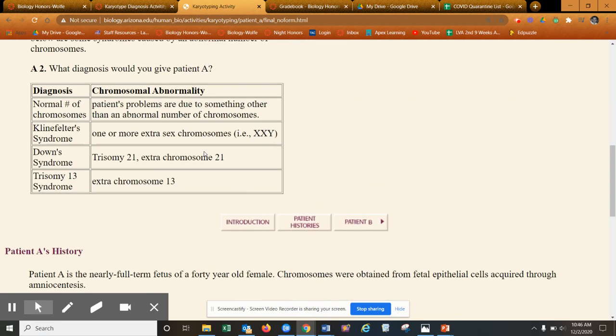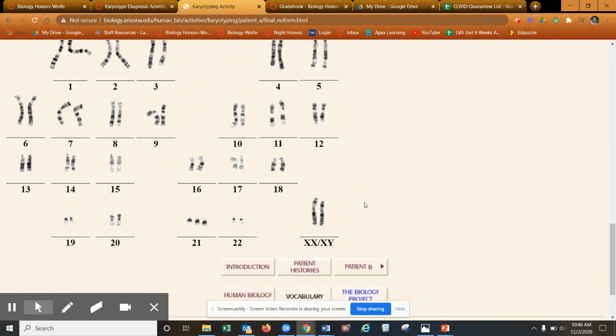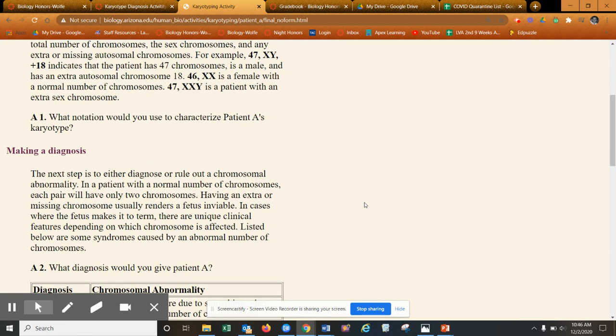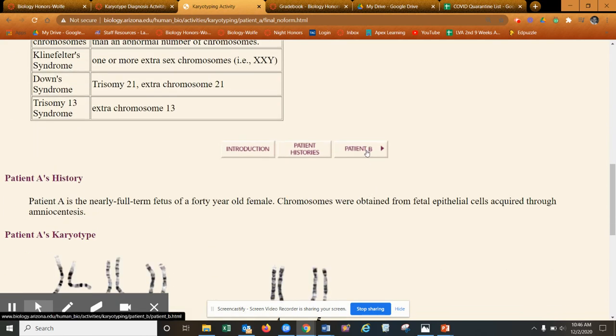Then you're going to answer all these questions about patient A. What's patient A's history? How many total chromosomes are there? Where's the extra one? And then you try to diagnose. The disease is either Klinefelter's, Down syndrome, or trisomy 13. Once you're done with patient A, you move on to patient B and then patient C. Okay?